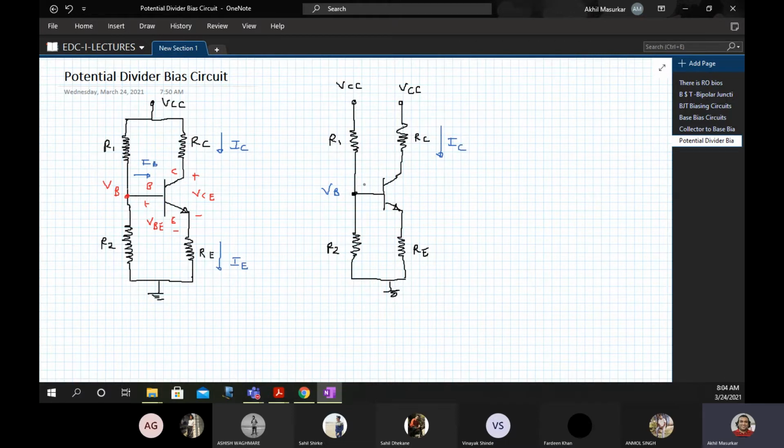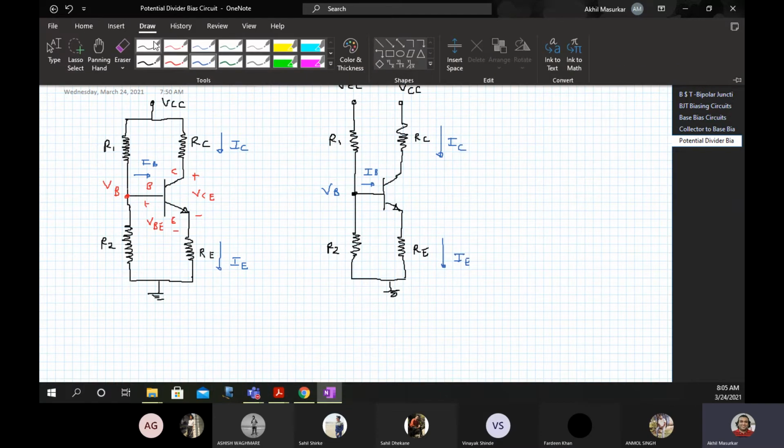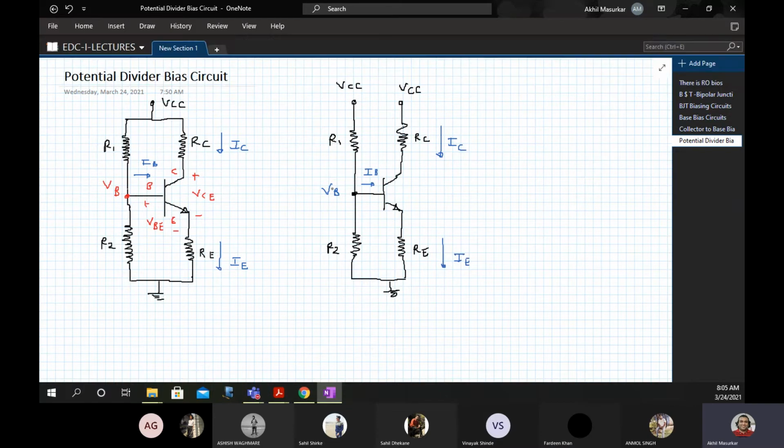Something similar here too. This is IB, here we have IB, and the other terms will be the same. That is, here we have base, collector and emitter. So this circuit can be drawn in this way.